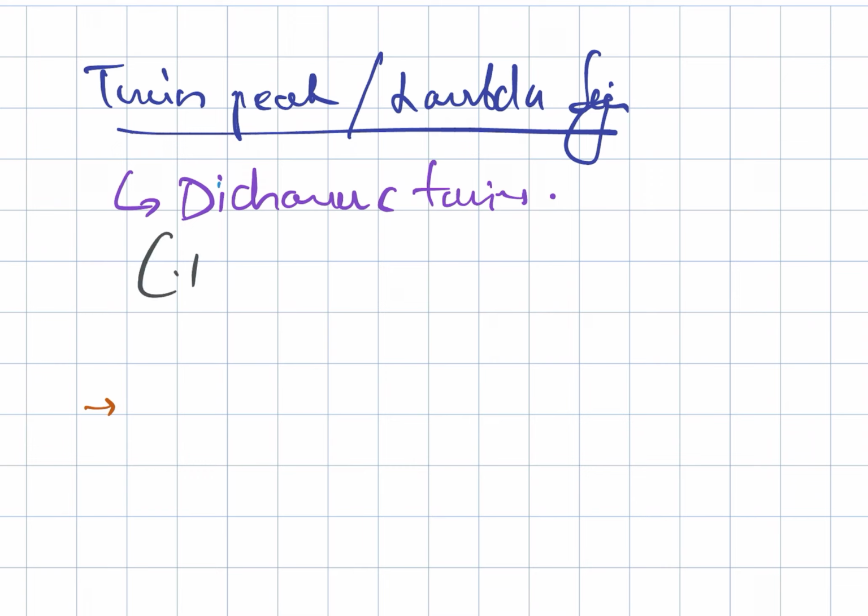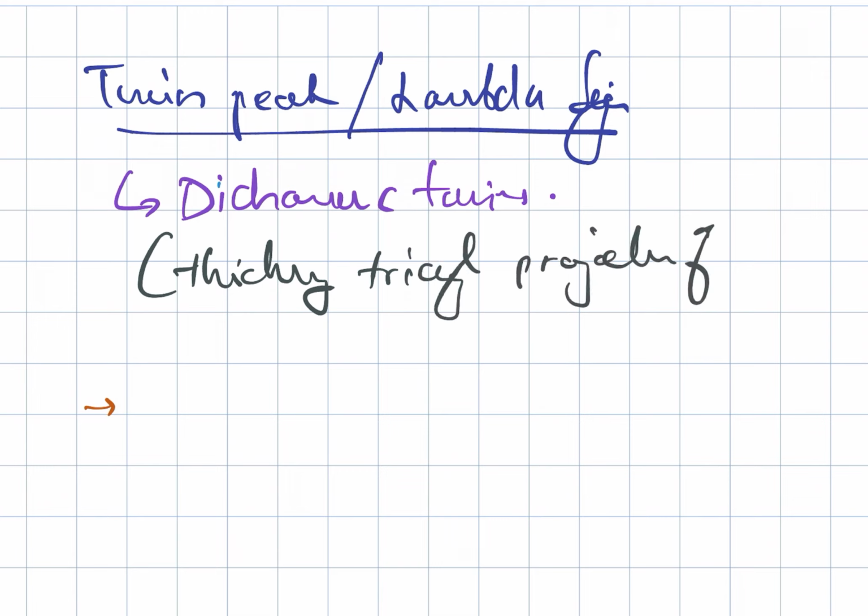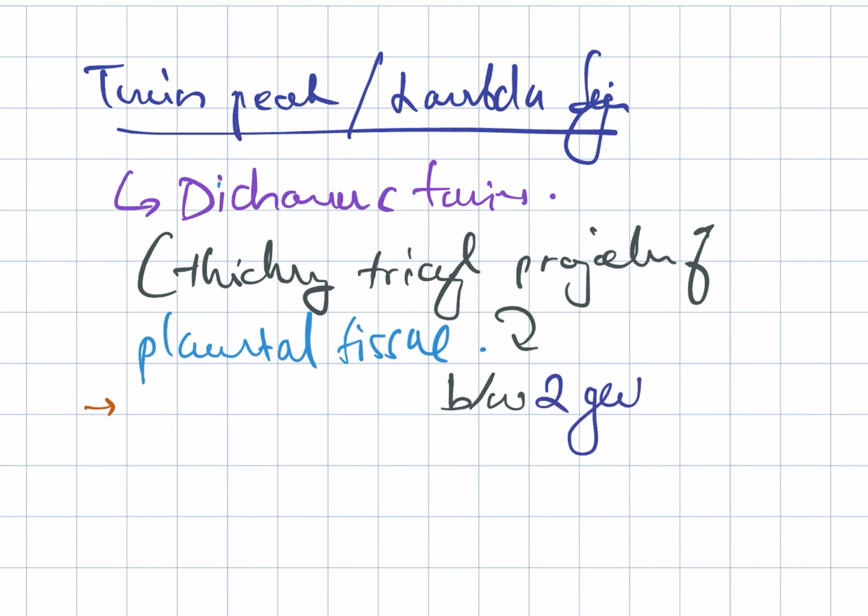There is thickening of the triangular projections of placental tissue, and this takes place between the two gestational sacs.